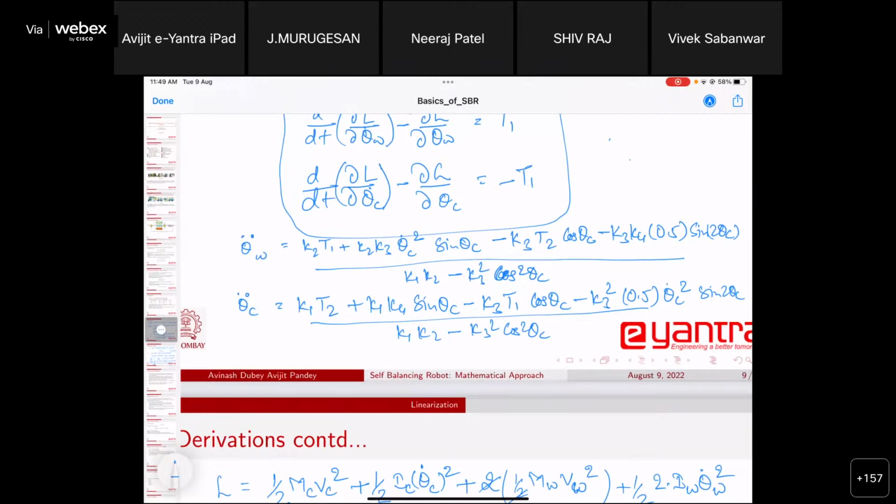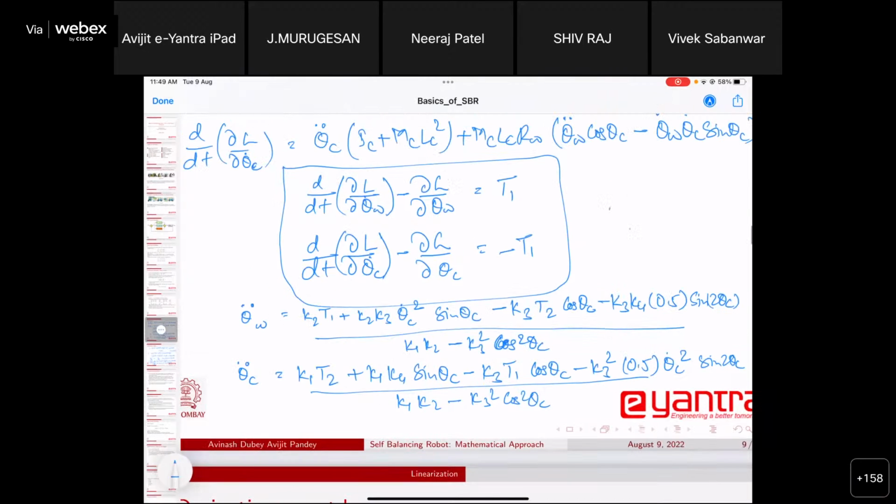Now I'll come back to my states. My states were theta W dot, theta C and theta C dot. Correct? These are my states X. So what is my X dot? My X dot is theta W dot double dot, theta C dot and theta C double dot.